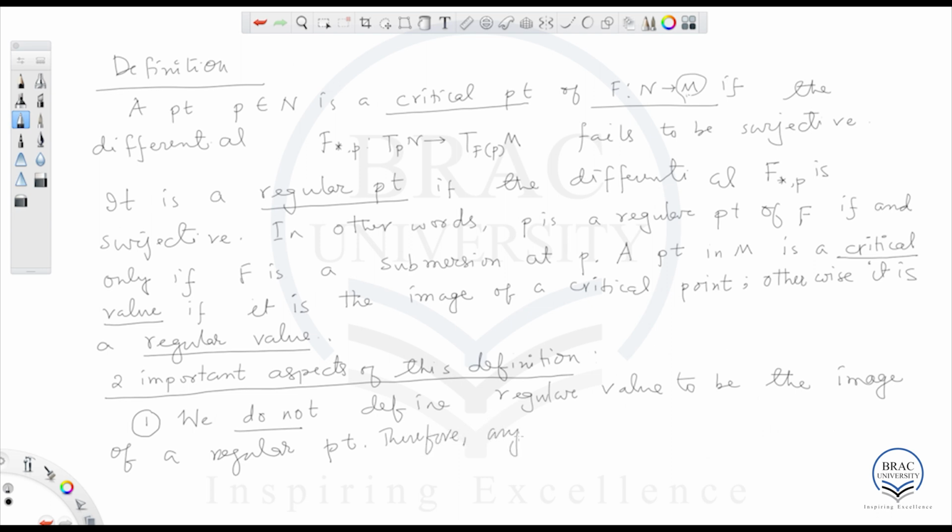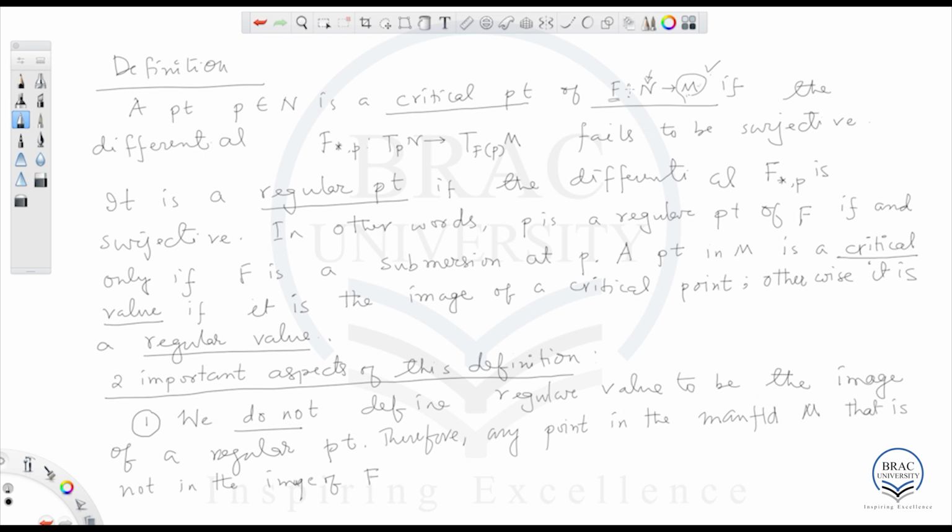Okay. Therefore, any point in the target manifold M that is not in the image of F, so if I pick a point from the target manifold M which does not have a pre-image in N under this smooth map F, is automatically a regular value.